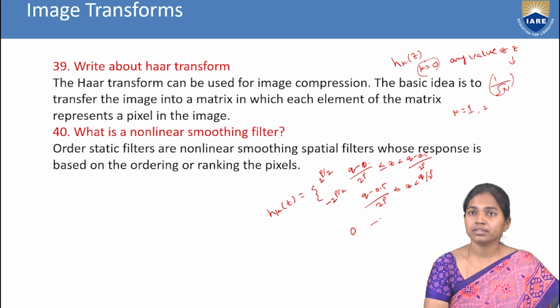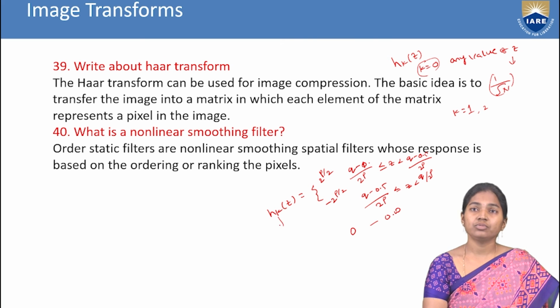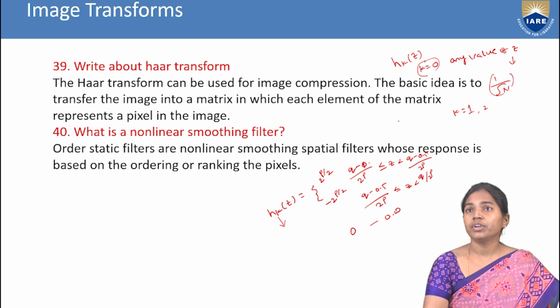Otherwise it is 0 only. Here hk of z, if k equals 0 for any value of z, the coefficient value is 1 by root n. Otherwise, if the z value is between (q minus 1) by 2 power p and (q minus 0.5) by 2 power p, we consider the coefficient value 1 by root n into 2 power p by 2.